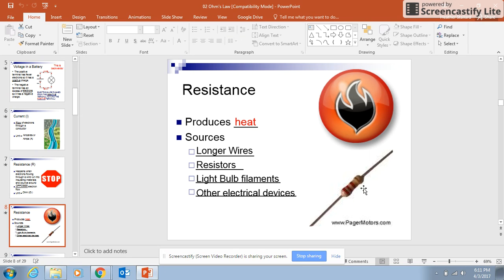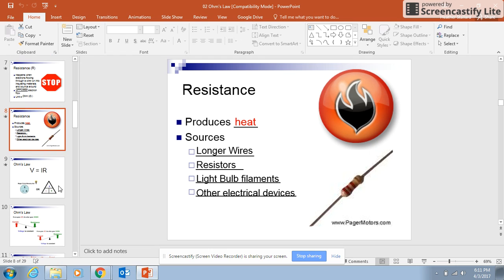A resistor pulls back the electrons so that they possibly don't go through the circuit and blow the light bulb or whatever the object is. Light bulb filaments themselves cause a little bit of resistance, so after a light bulb you will have a slower flow of electrons. And then, of course, other electrical devices: the more devices you add into your circuit, the more resistance it's going to cause.